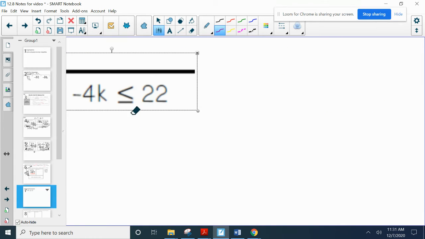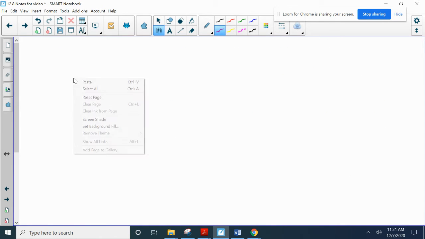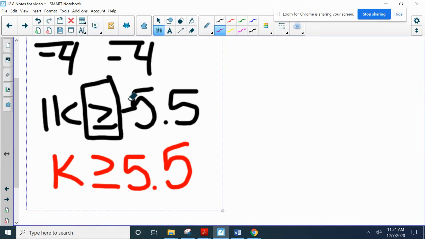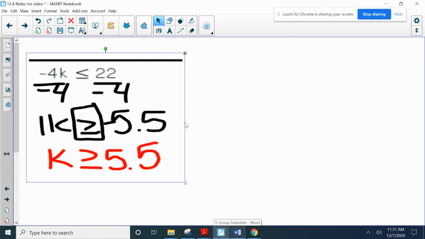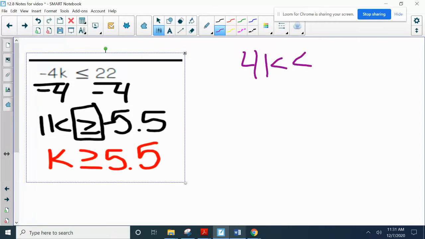So copy. We're going to delete that. I'm going to paste this here. And we're going to make it smaller so that we can see it as we're seeing what we may do wrong. So let me show you something. Let's say instead of that, we have 4k is less than or equal to 22, but negative. We would still, to get rid of multiplication, divide both sides by 4.